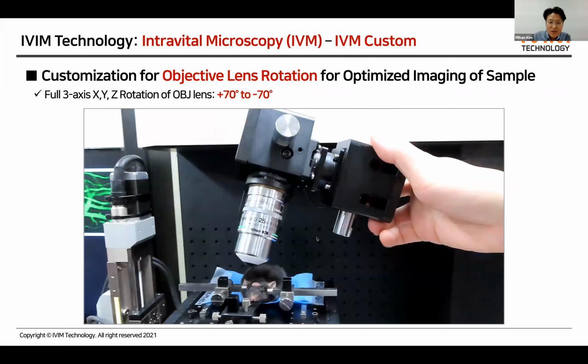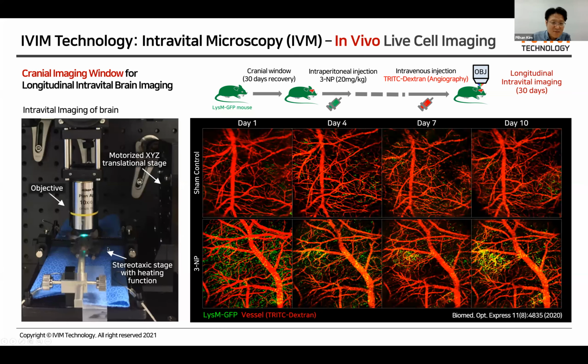In this setting, we can image the same mice repeatedly for a very long time. This is from day 1, day 4, day 7, and day 10. You can see the blood vessel shape is well maintained, but at the same time, you can see the infiltration of the GFP neutrophils into this area, into the meninges.